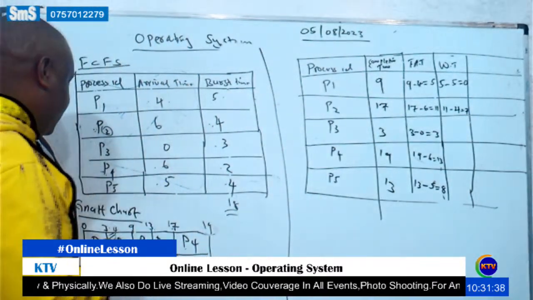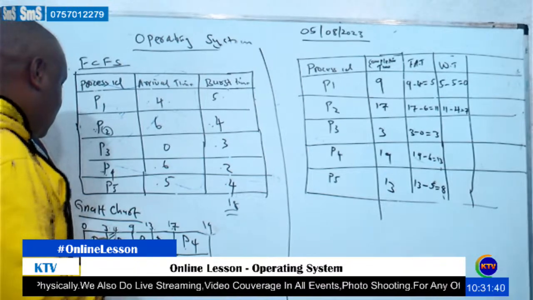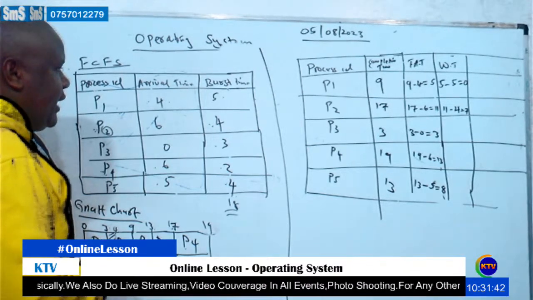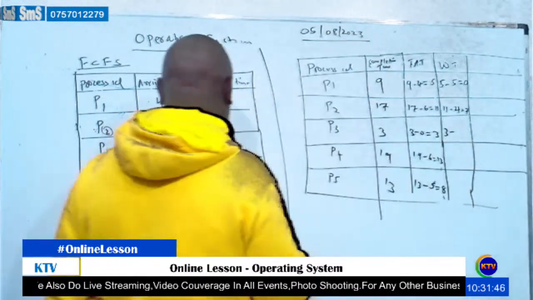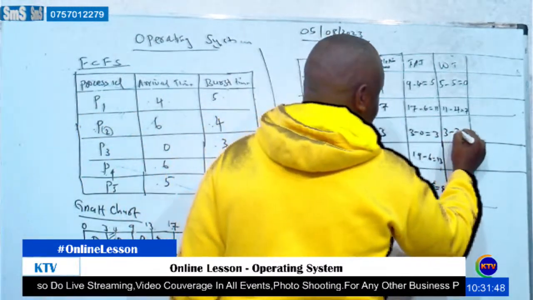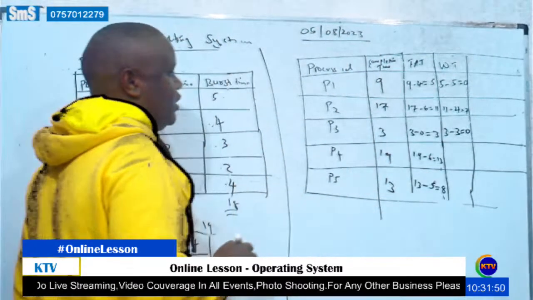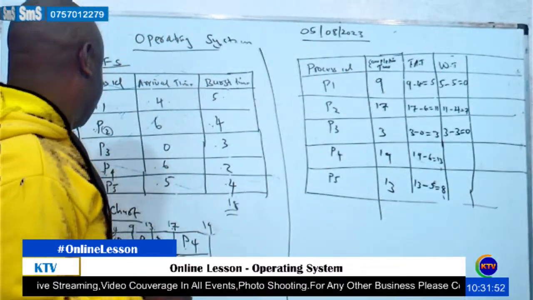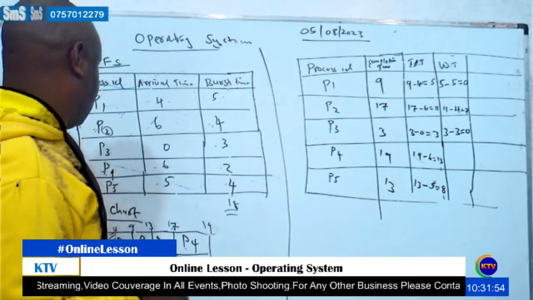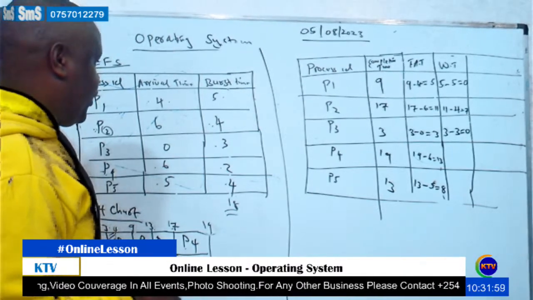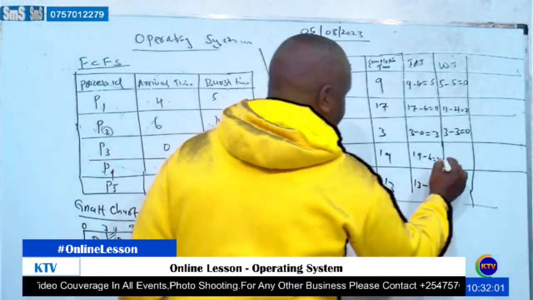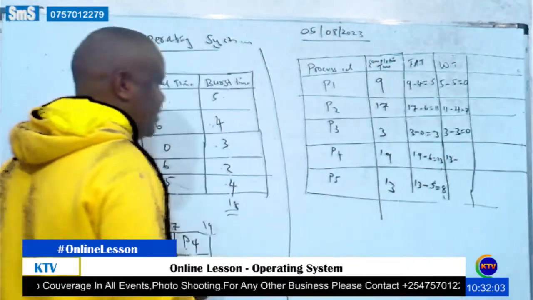For process 3, the turnaround time is 3, and the burst time is 3, which equals 0.